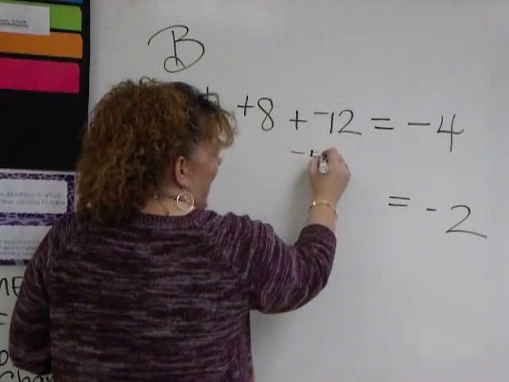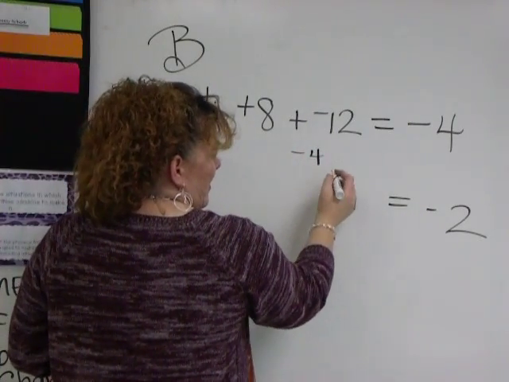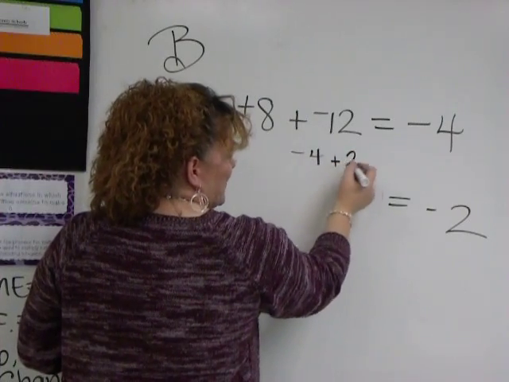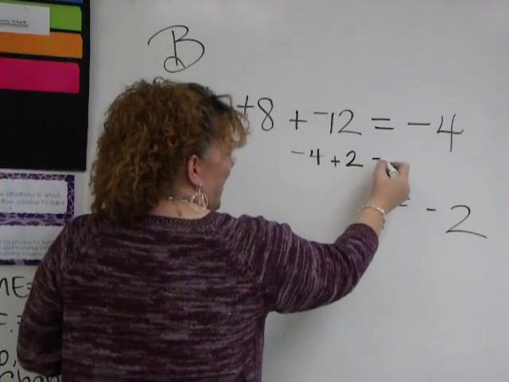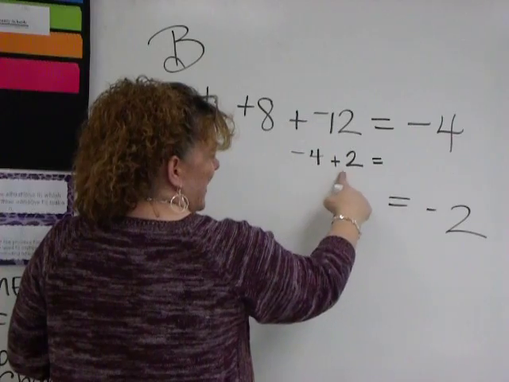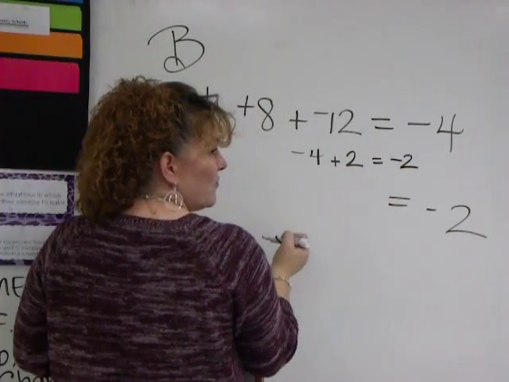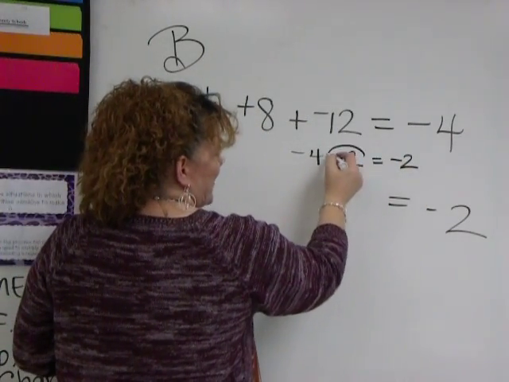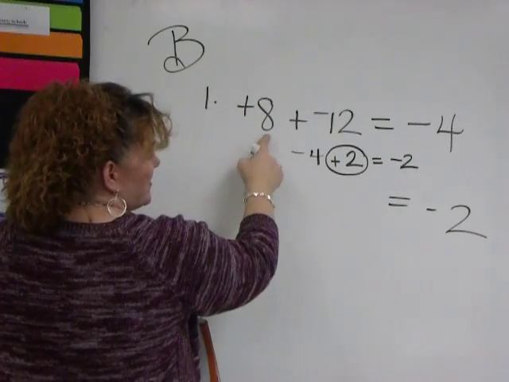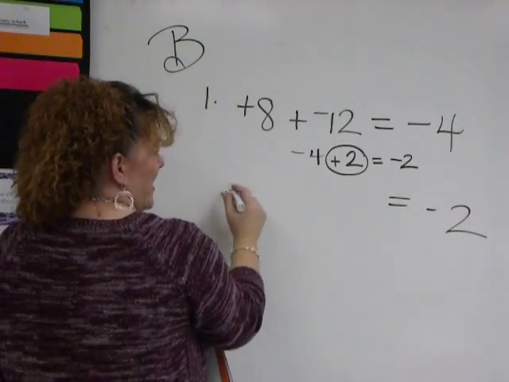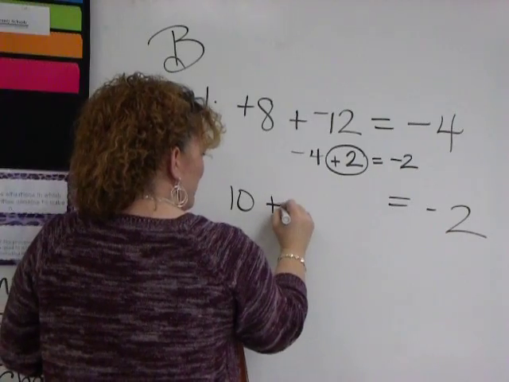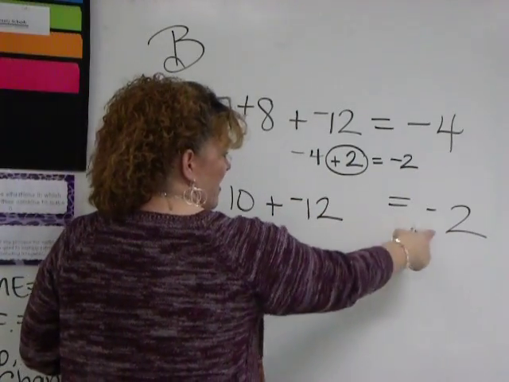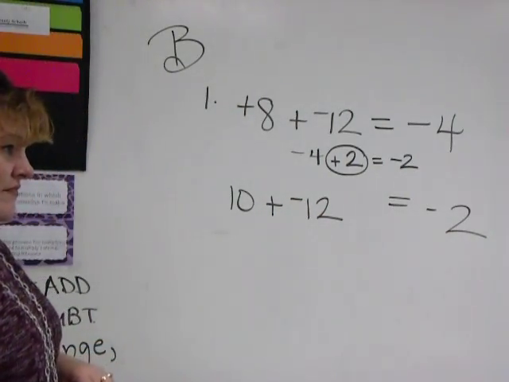So if I know I have -4, I would add +2 chips to actually bring it up to a -2. That means I need 2 more positive chips. So this would really be a +10 plus a -12 could equal a -2.